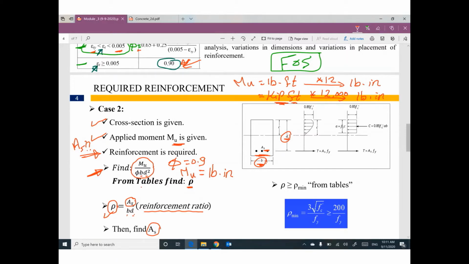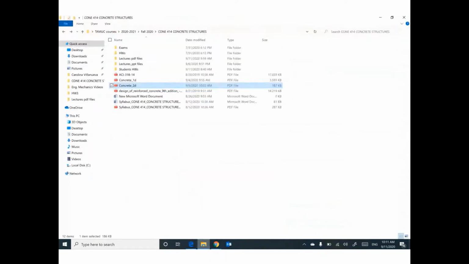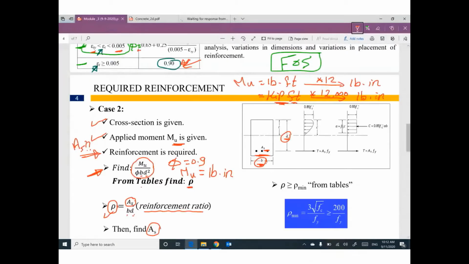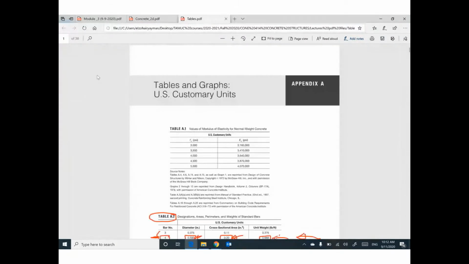Where is the table? We have tables here. Which table?